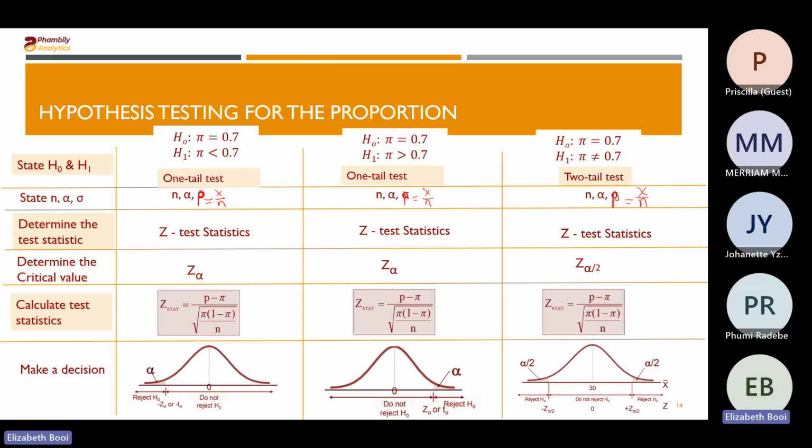Remember, this is similar to that formula we used in the sampling distribution. To make a decision, similar. For a one-tail test on the lower side, we're going to use the negative Z alpha. On the positive side, we're going to create the region of rejection using Z alpha positive. And if it's a two-tail, we're going to have two regions of rejection.